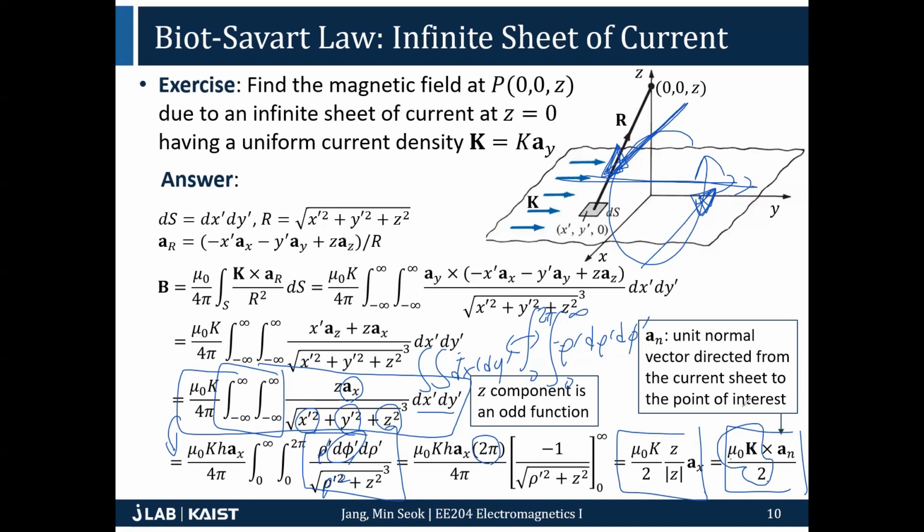This is similar to the infinite charged sheet, where the electric field amount was proportional to the surface charge density and that was it. Here, the magnetic field amount doesn't depend on the coordinate variable, only on the current density. So the dimensionality is basically the same, but the directions are different.